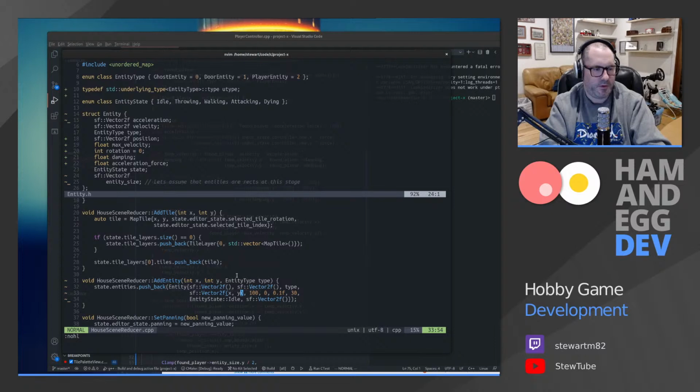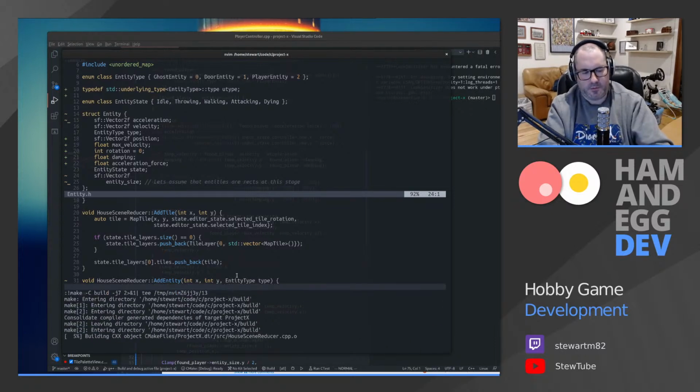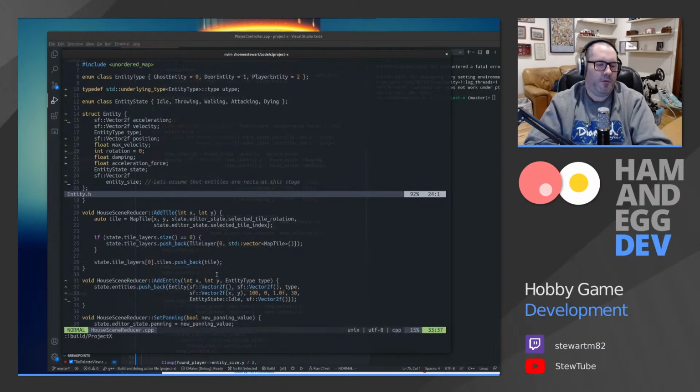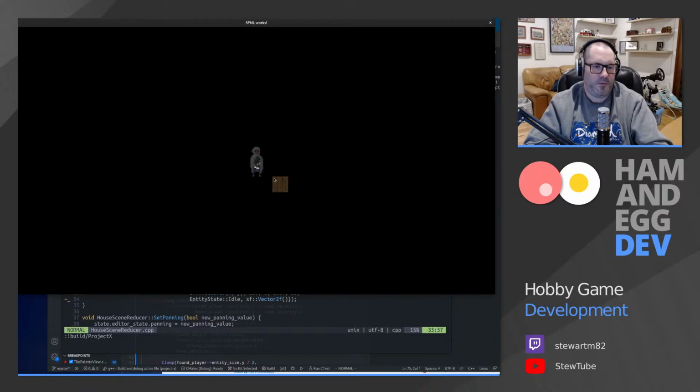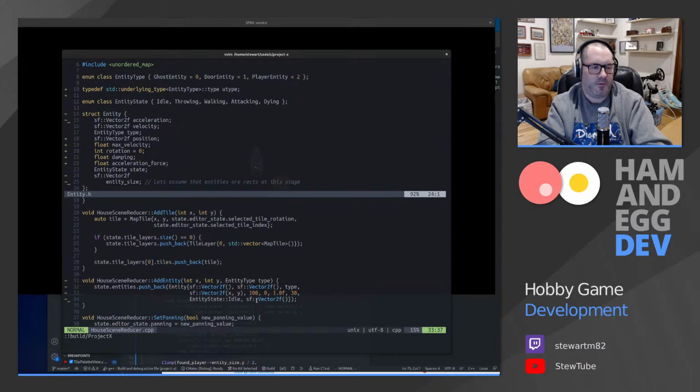So the acceleration. So damping can be like 1, maybe. Okay, that's broken it.